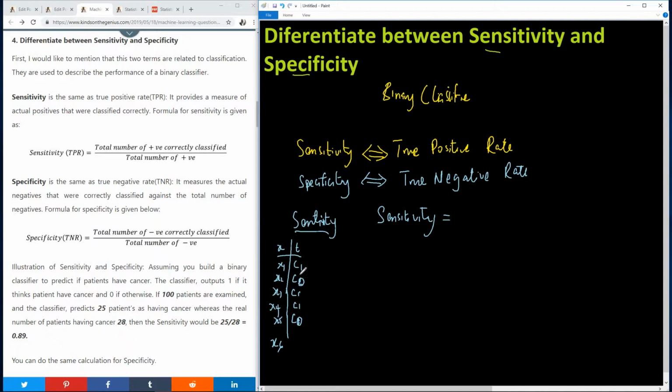Let's say C1 represents positive classification and C2, C0 represent negative classification. So in this case, sensitivity is the same as total positive correctly classified over total number classified.